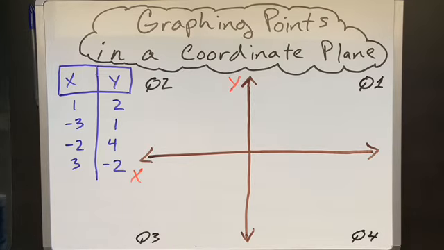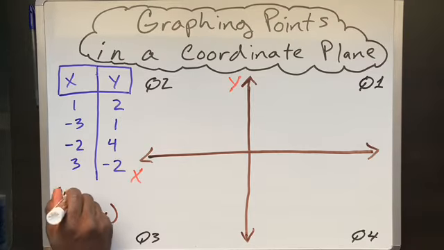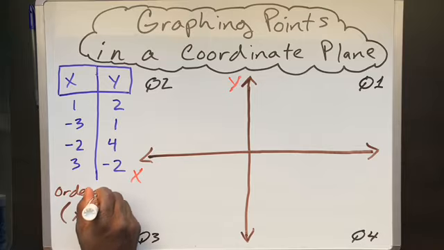So let's go over the way we travel and the way we move in this coordinate plane. Okay, so I'm going to write some basics over here. So now we refer to this as an ordered pair where we have x comma y. All right, and we call that an ordered pair.